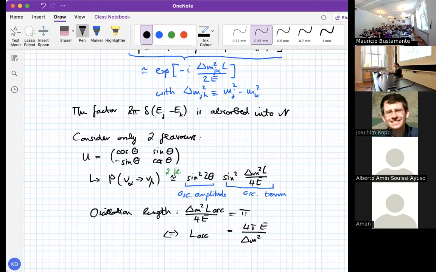So in other words, higher energy neutrinos have longer oscillation length. And also neutrinos with larger mass differences have smaller oscillation length.